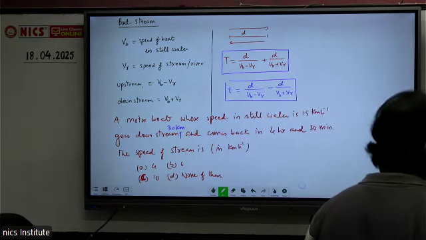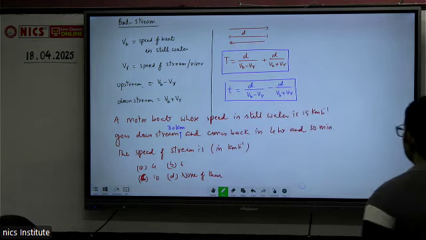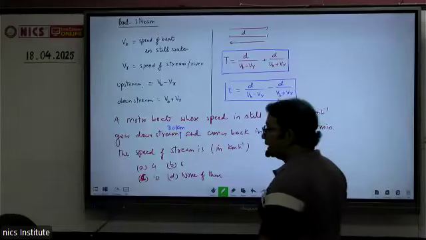Convert total time into hours. 4.5 hours, that is 9/2.